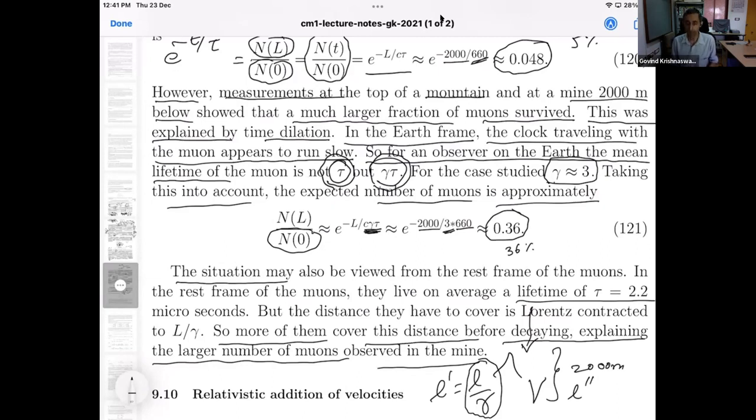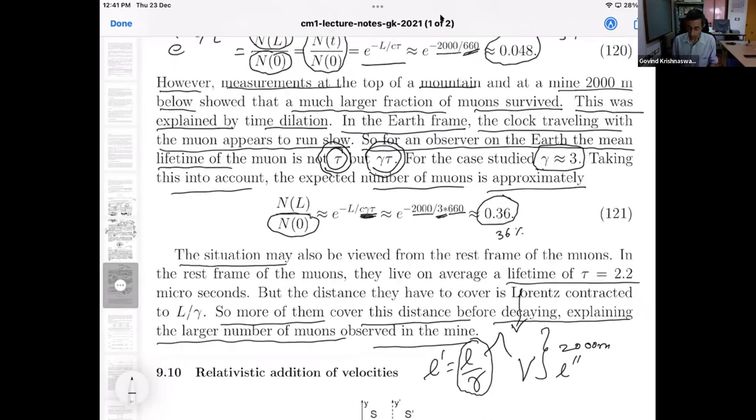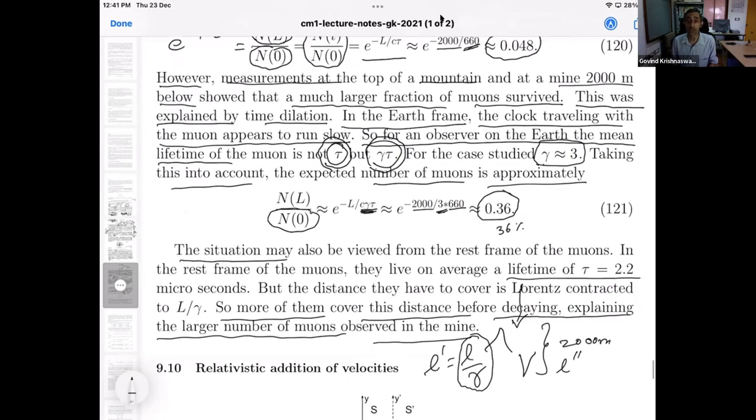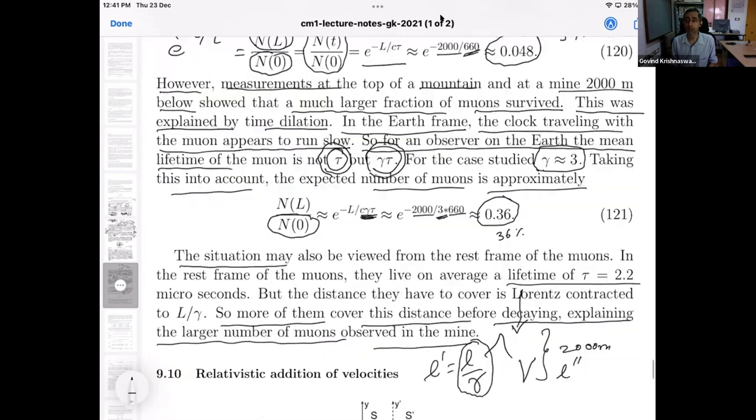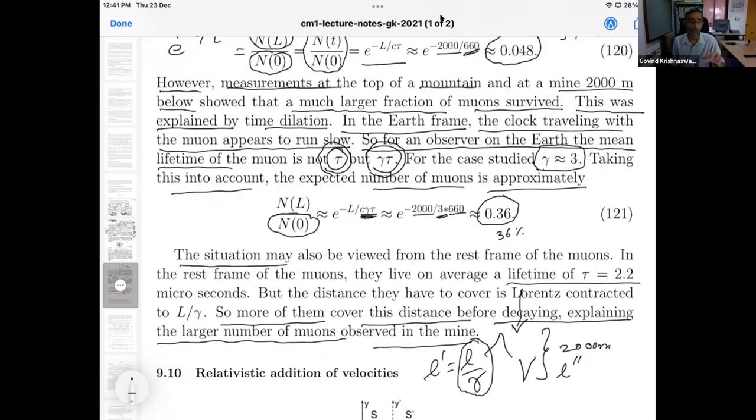And either way, you will find that this flux is larger than if you ignore these relativistic effects. Okay, so the message is that one needs to ask for a physically meaningful determinable quantity, and then you can determine it in different ways, in different frames.